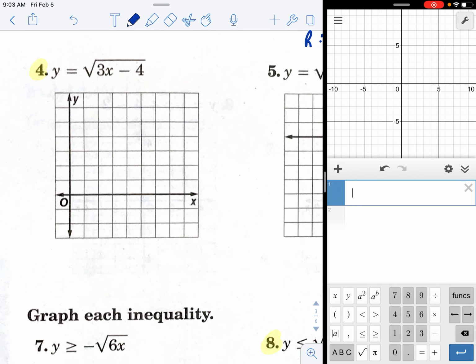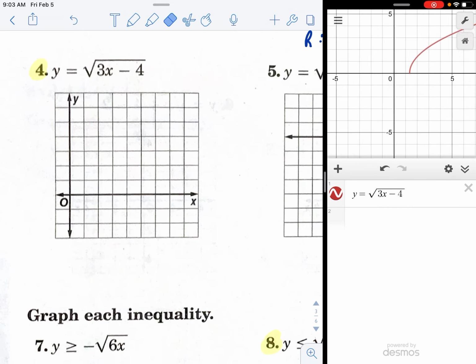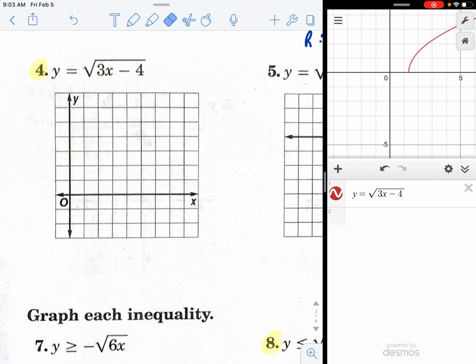Number 4 is going to be shifted right and compressed. Let's get a good look at how Desmos does it. So 3x minus 4. So what the heck? All right, so where does it start on the x-axis? 1.333. Do you know what that is?